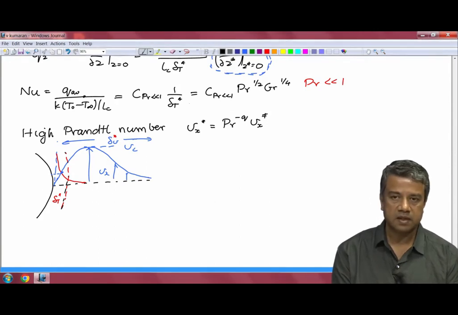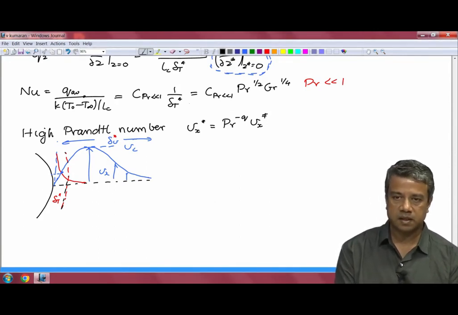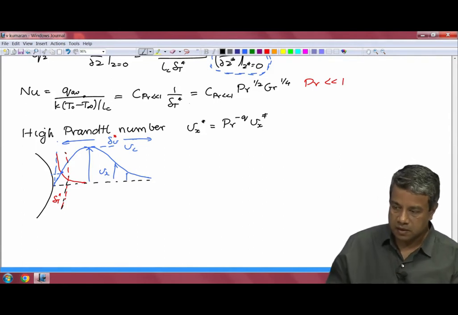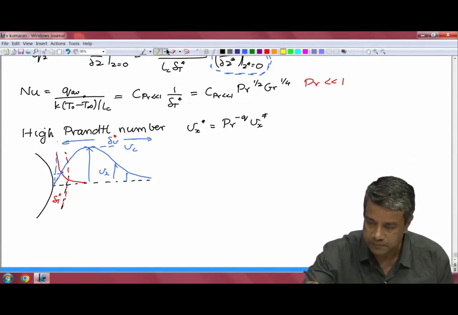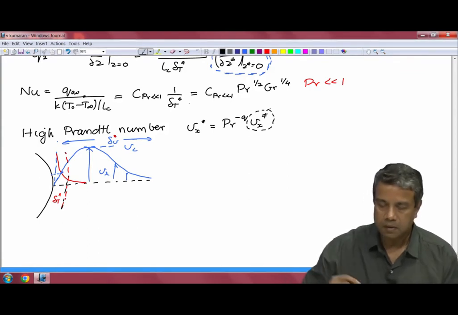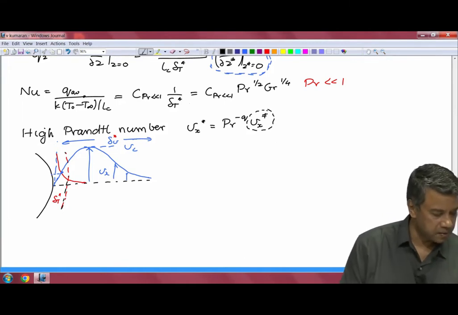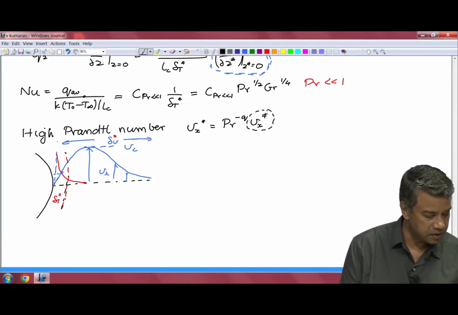That means the velocity in this region can be expressed as some negative power of the Prandtl number, where q is not yet known, times this quantity Vx double dagger, which is an order 1 quantity within this region.